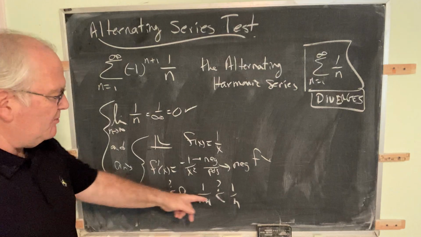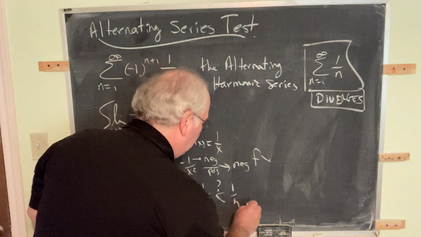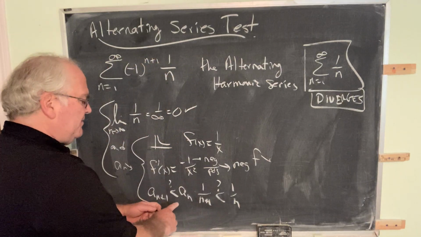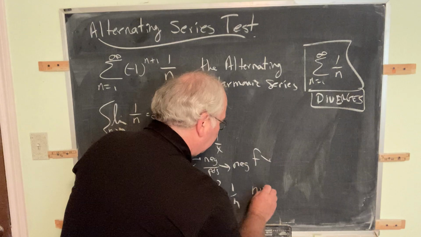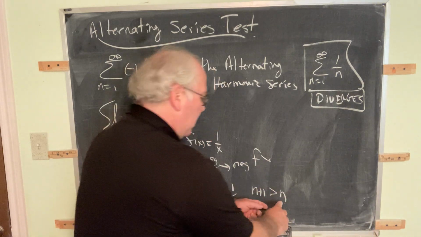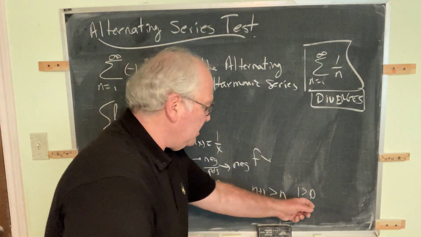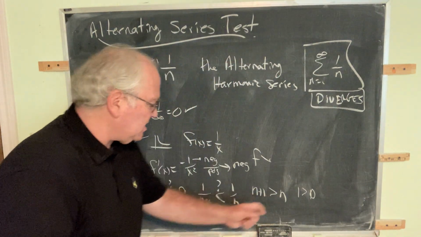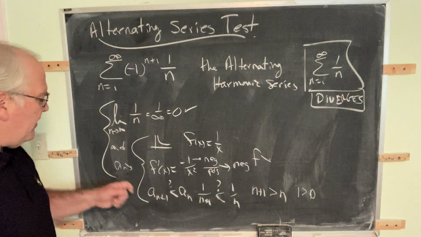So when you form reciprocals, you reverse the direction of the inequality. And so the only time this is true is if this is true. The only time this is true is if this is true. And the only time this is true is if 1 is bigger than 0. Since this is always true, so is this. Since this is always true, so is this, and therefore it's decreasing.